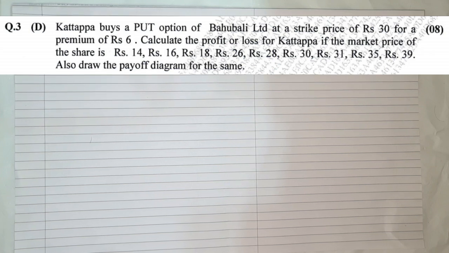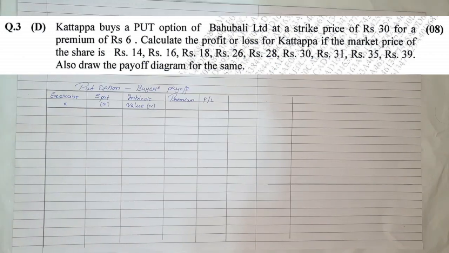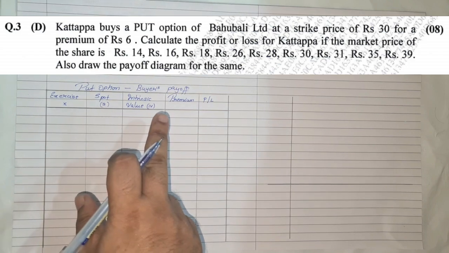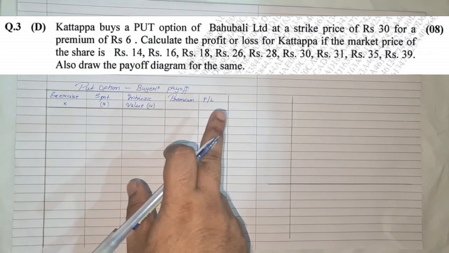When such a sum is given, first we'll create the table. So first let me create the table and the x and y axis of the diagram. This is how the table and the x and y axis of the diagram should look. We'll have exercise price, spot price, intrinsic value, premium, and profit and loss.